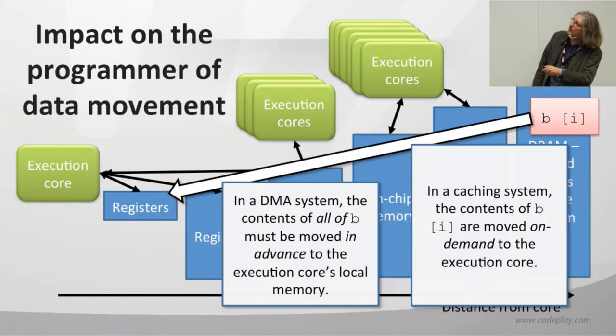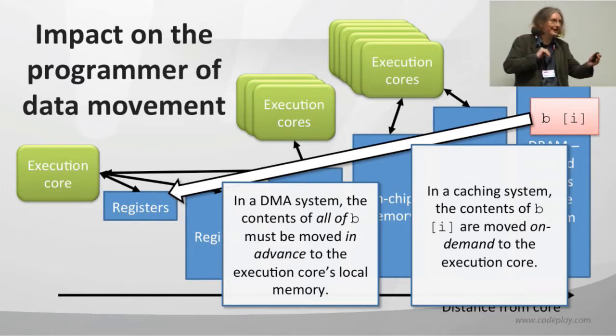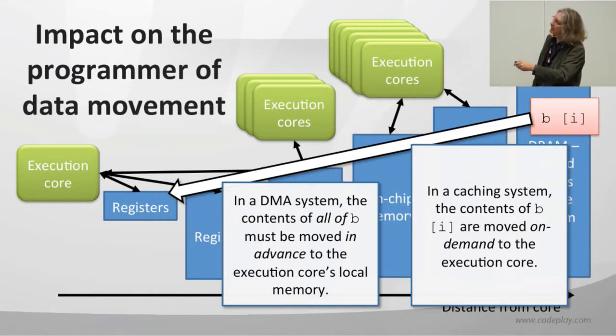I'll come back to it. The alternative is DMA, in which case you have to move all of the contents of B up into local memory. So OpenCL and GPUs move between these 2 different approaches. But these are the 2 extremes. One is you preload the entire array into your chip, and the other is on demand, you load the data in.